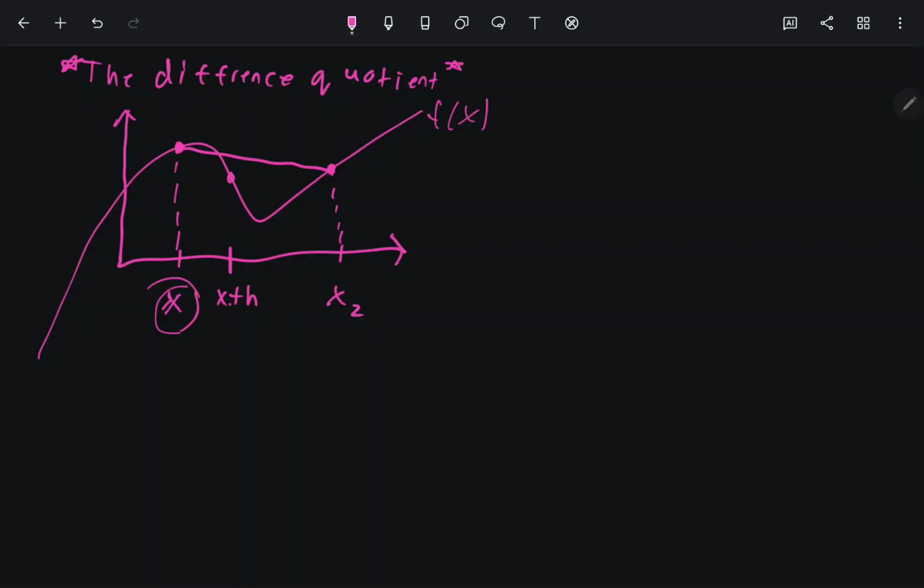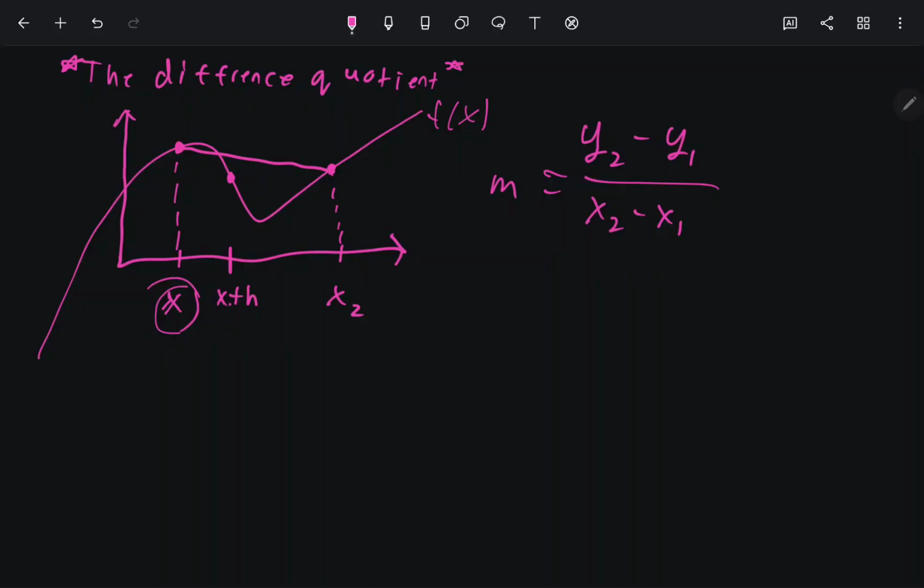What if we want to know the equation of this? Well, we know that our equation for a line is y2 minus y1 over x2 minus x1, and this is equal to our slope.